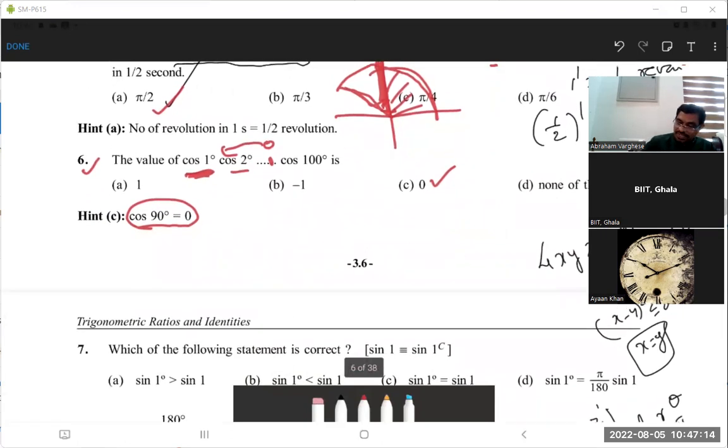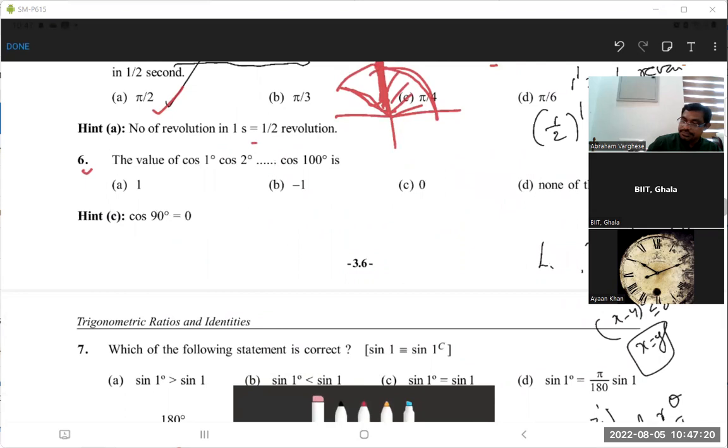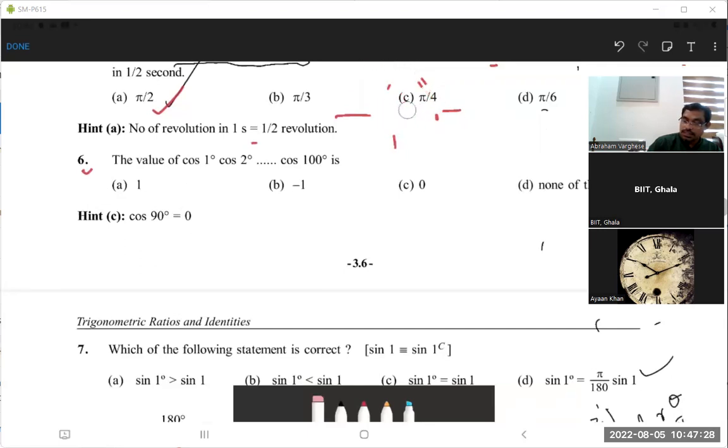Which of the following statement is correct? Okay. One is sine 1 degree and 1.